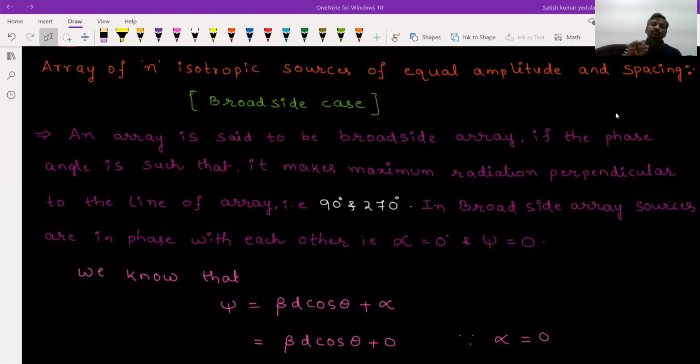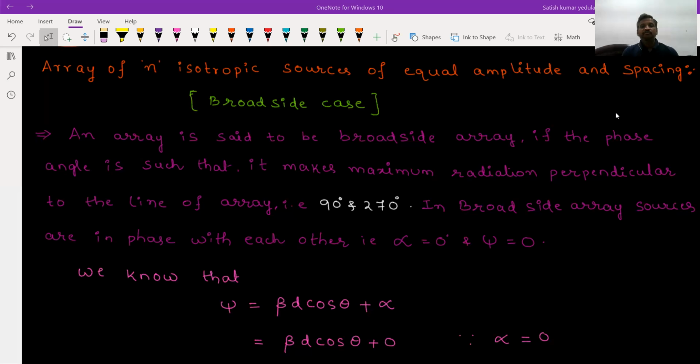Similarly, for n equal to 4, 6, or 8, just by substituting the value of small n, which is the number of isotropic sources in the antenna array, we can find the different angles. Which angles are those? I'm going to tell you now. We'll find those angles and draw the rough radiation pattern.